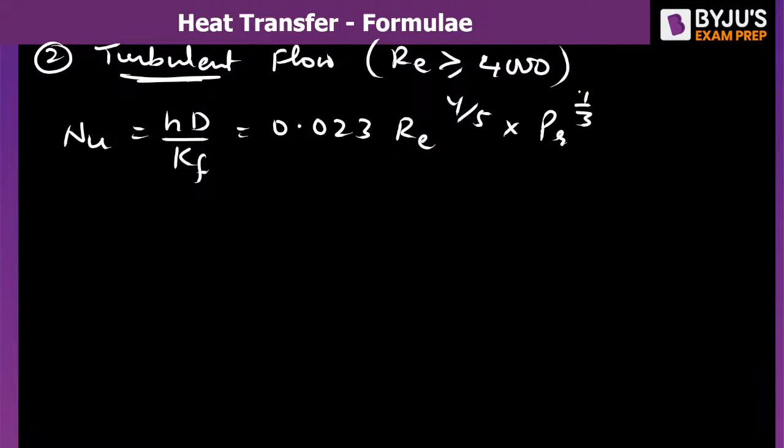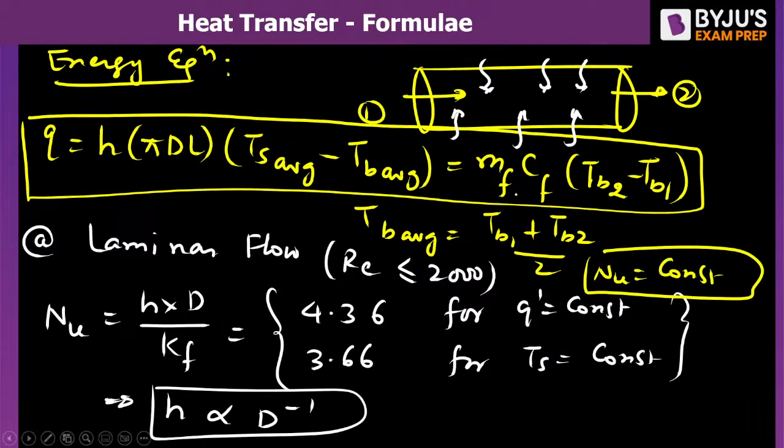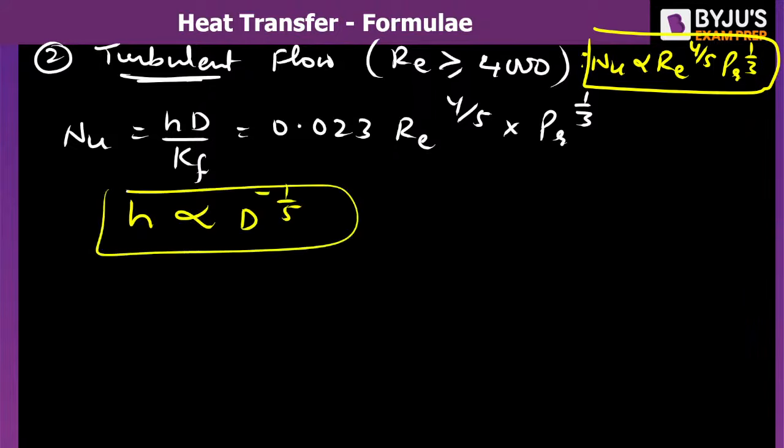For turbulent flow, Nusselt number is directly proportional to Reynolds number to the power 4 by 5 into Prandtl number to the power 1 by 3, and for laminar flow, Nusselt number is constant. So what is the relation between h and D? h will be proportional to D to the power minus 1 by 5, isn't it?